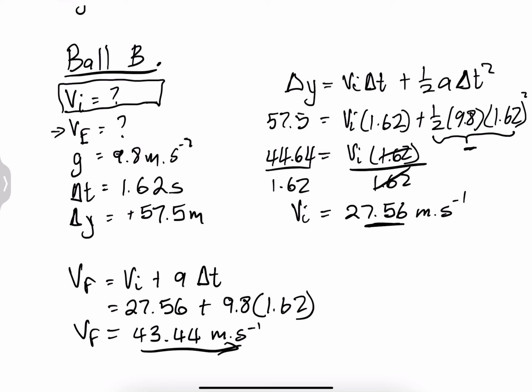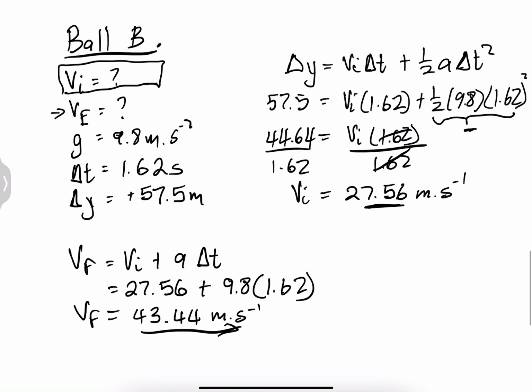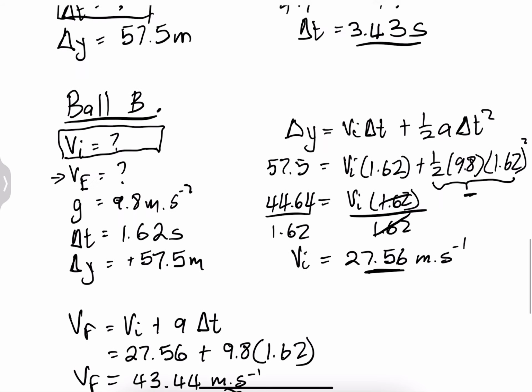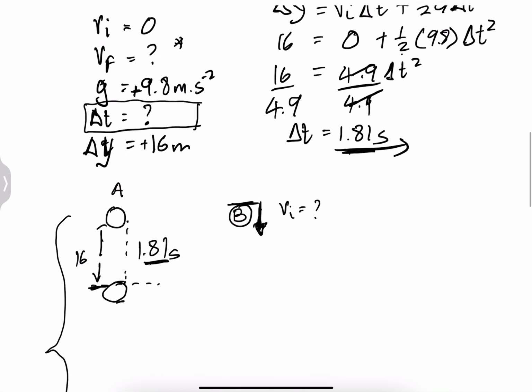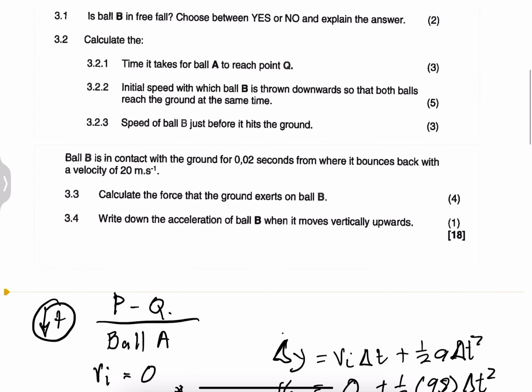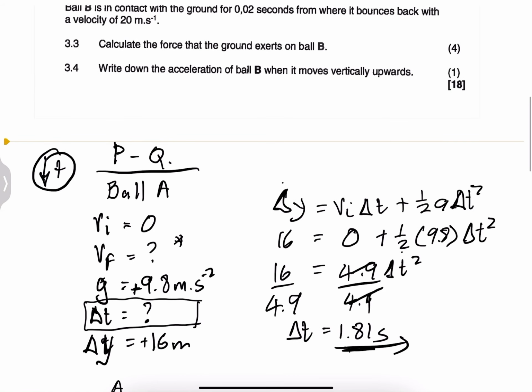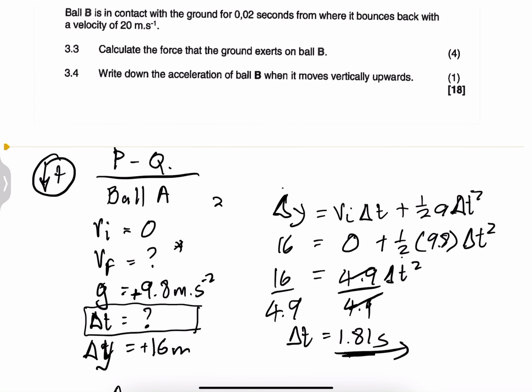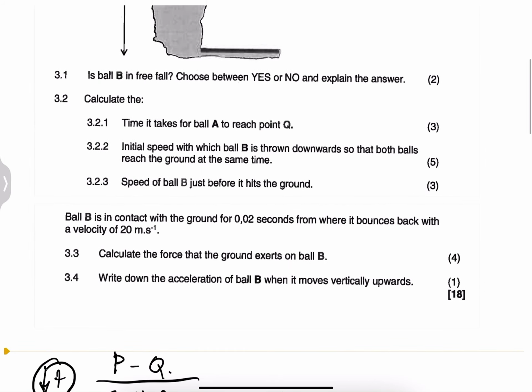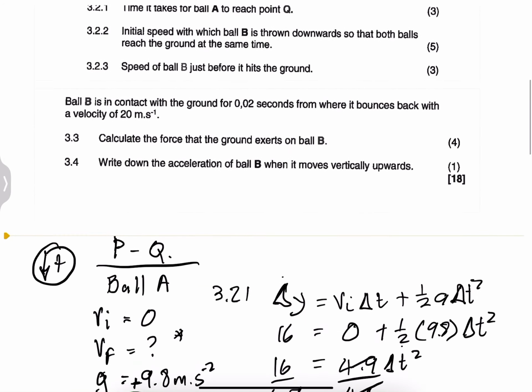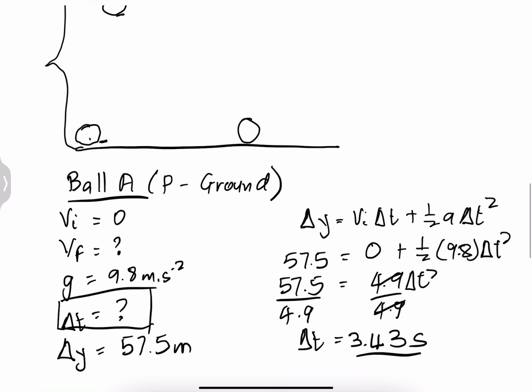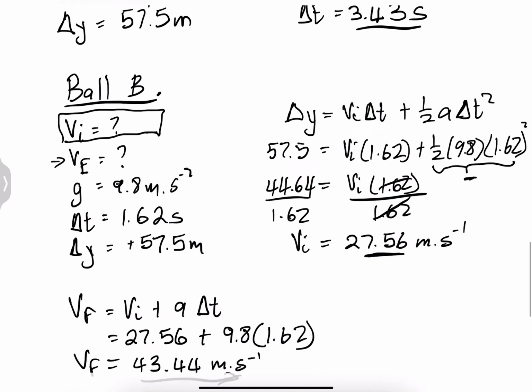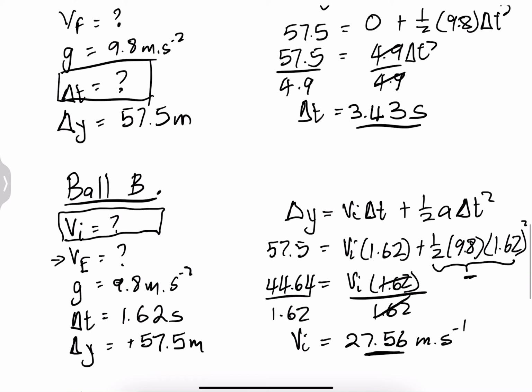Okay. Right. Hopefully, ladies and gents, you can still follow what I am doing. Right. So let's go to the next question. Actually, I should number these questions, eh? So we started with 3.2.1, okay, and we had 3.2.2, which was this one over here when we're looking for the initial velocity.